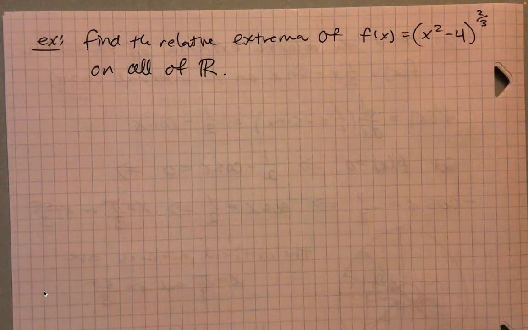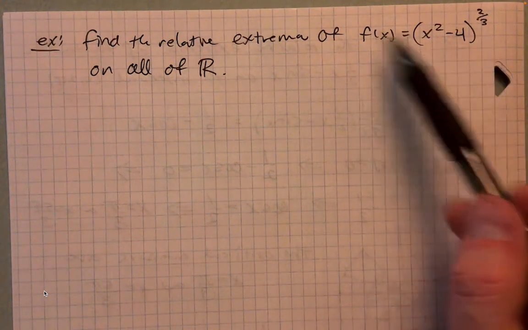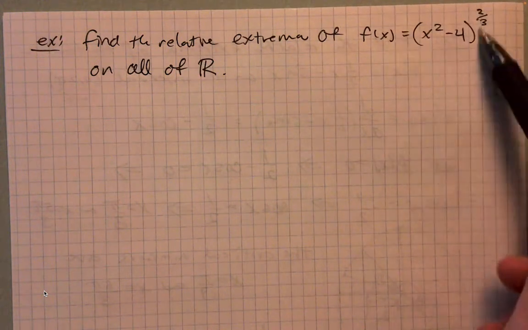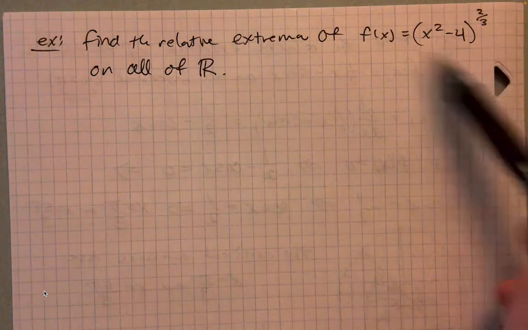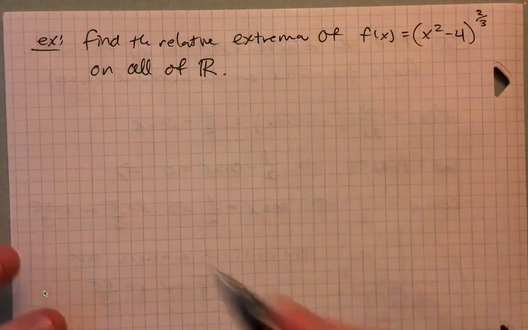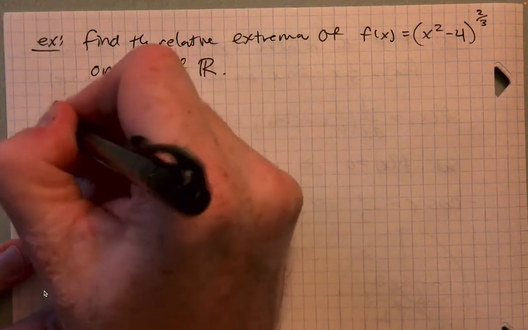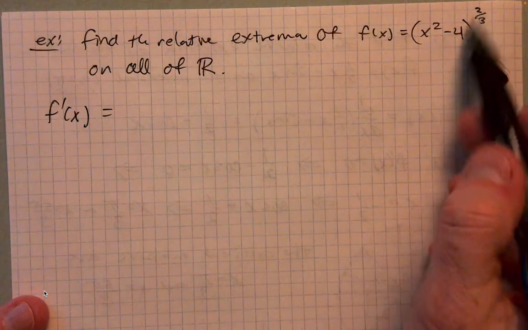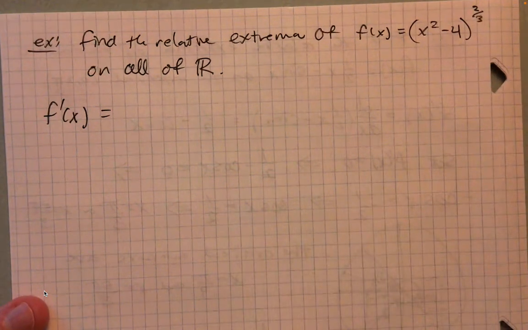And so the assumptions for the first derivative test need to be that this is continuous and differentiable, and that is true. So we have continuity and differentiability here, so no problems there. So let's find the derivative. F prime of x equals, and this is going to be a chain rule issue, because we've got a function inside of a function.